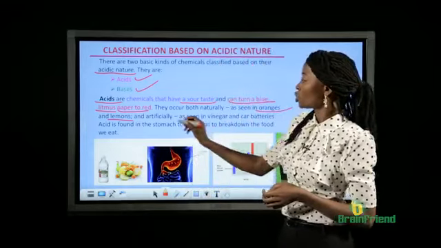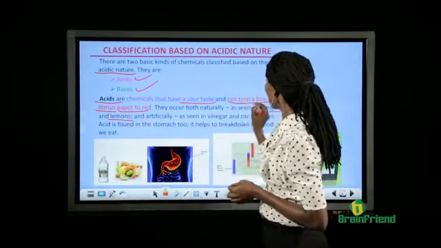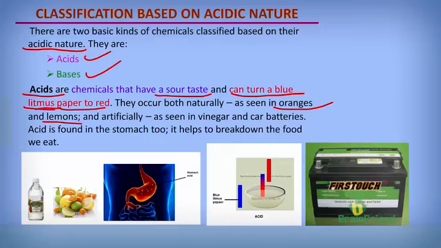Now, if you drop the juice of these fruits on a blue litmus paper, the blue litmus paper is just a paper that is used to test for acid. So to test for acid, you have to use the blue color of the litmus paper. If you drop the juice of maybe orange, lime, or lemon on a blue litmus paper, as you can see from this diagram, or if you dip the litmus paper into the juice of any of these fruits, you will discover that that blue litmus paper will turn from being blue to red.